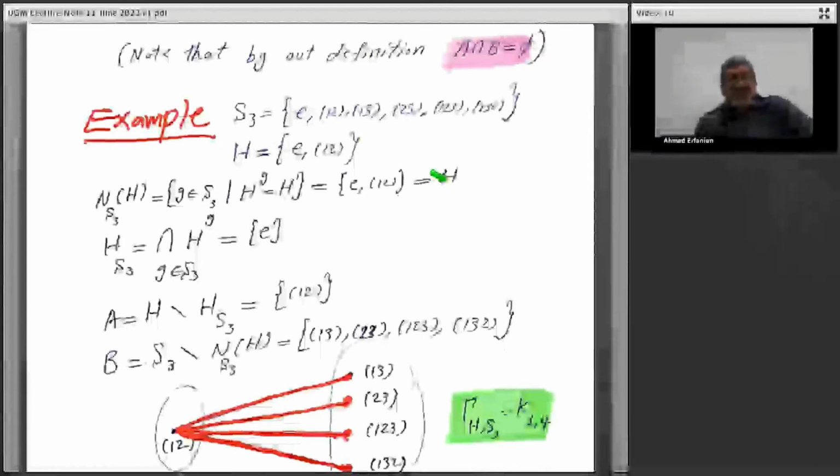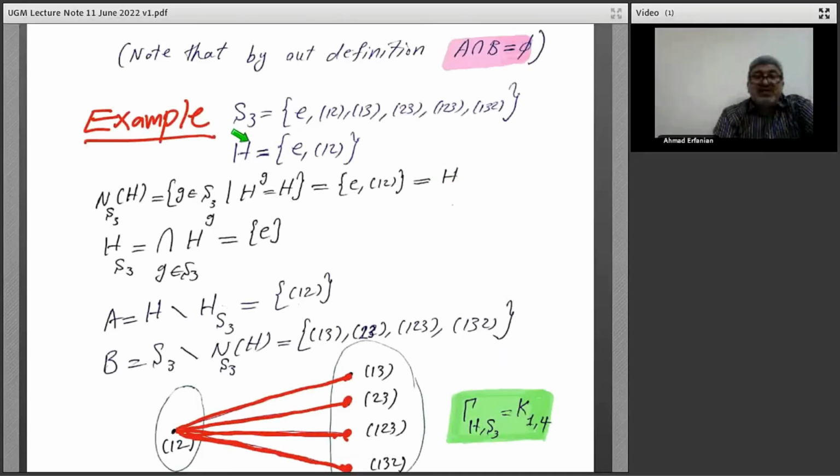As an example, suppose that in S3 we have 6 elements, and look at H, which is the identity and (1 2), a non-normal subgroup of S3. So the normalizer of H in S3 is exactly H, and the core of H in G, H_S3, is the trivial subgroup.